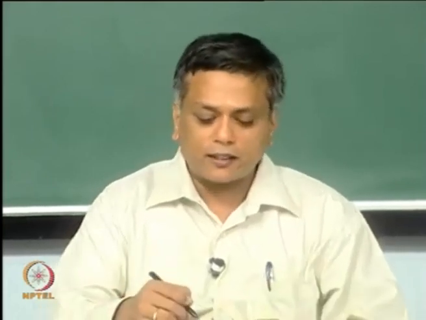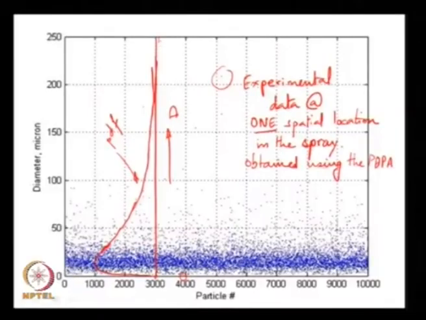You can also see that it satisfies all of the general criteria we set out for an actual spray PDF. The probability density should be 0 for drop size being 0. It should tend towards 0 as the drop size becomes large. And it should achieve a maximum at least at one point.